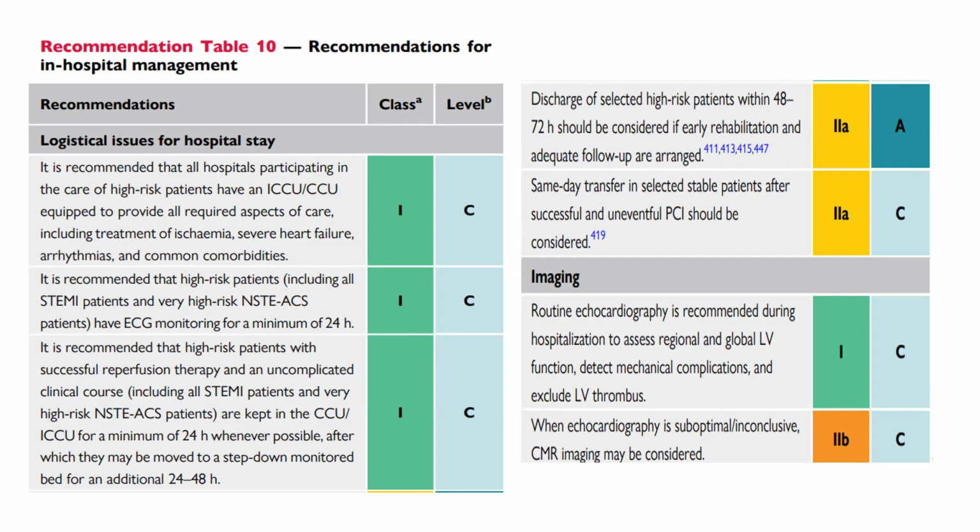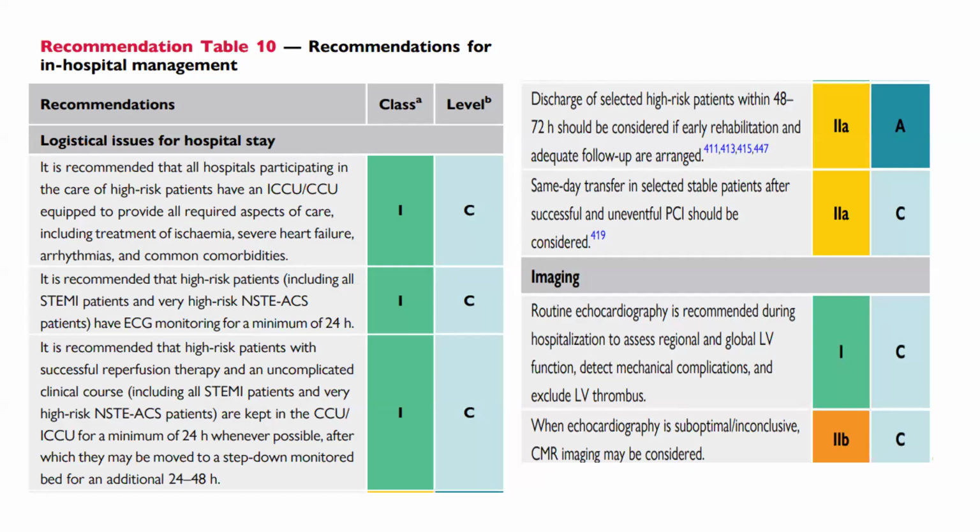This is obviously something we have to observe, because we know what can happen within that 48-hour window period, the risks of arrhythmias, cardiac arrest, etc. Discharge of selected high-risk patients within 48 to 72 hours should be considered if early rehabilitation and adequate follow-up are arranged. Same-day transfer in selected stable patients after successful and uneventful PCI should be considered. And we have never discharged a patient on the same day for an acute coronary syndrome for which we've had primary PCI.